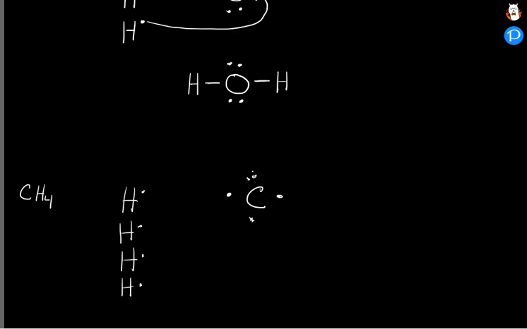Each hydrogen is going to bond with each of these outer shell electrons, so I'm going to have a hydrogen bonding with this one, a hydrogen bonding with this one, hydrogen here, and a hydrogen here, and so that forms a bond, that forms a bond, another bond, another bond. And if we count up the electrons, each hydrogen has 2, carbon has 2, 4, 6, 8. All of those have an octet, and they are good to go.